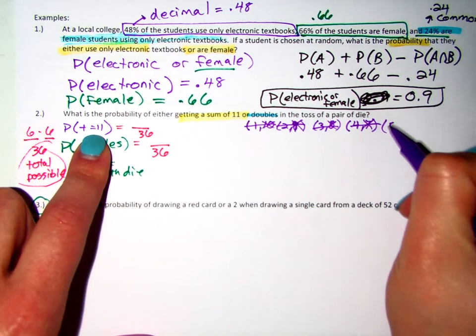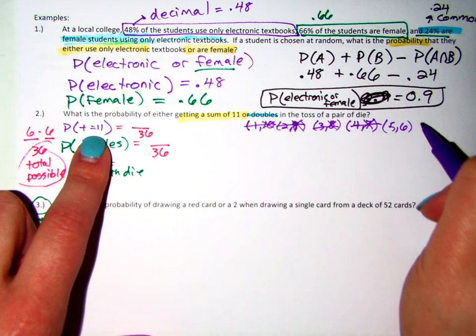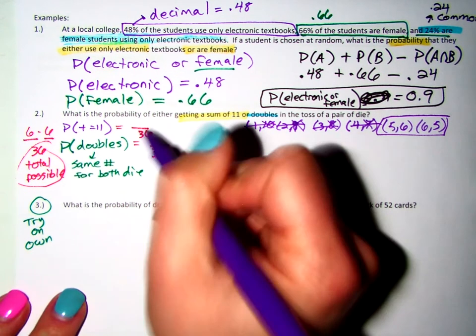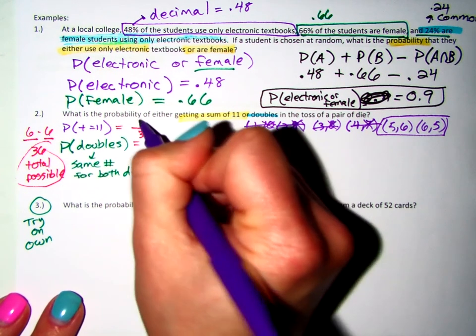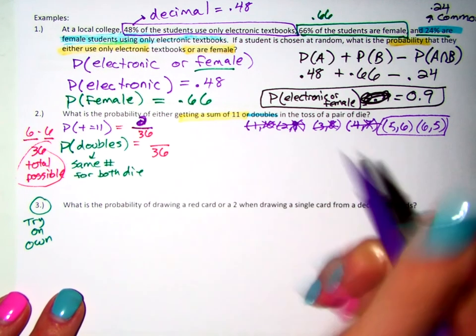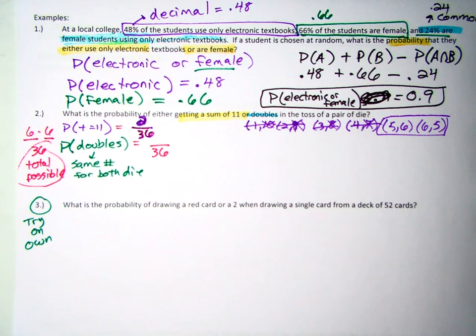So then 5 plus 6 is 11, and both of those are on the die, so that'll work. And then 6 comma 5 adds to 11, so that will work as well. So there are only 2 ways that I get die that add to equal 11. So the probability that it equals 11 is 2 out of 36 total.